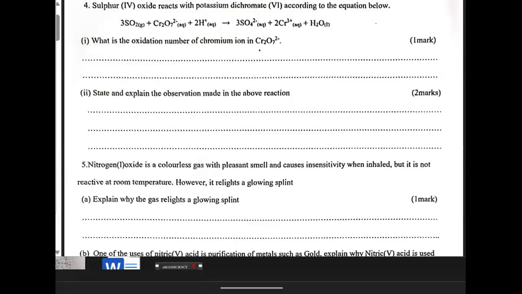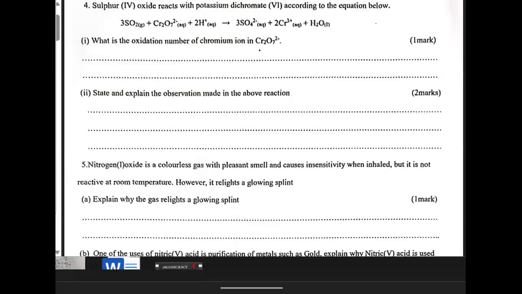State and explain the observation made in the above reaction. At least for that one, we can see that the dichromate color is orange and the chromium 3 is green. The color of the solution will change from orange to green.